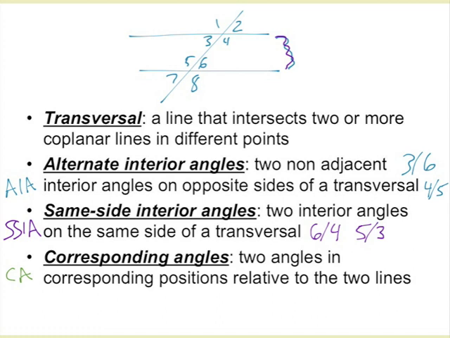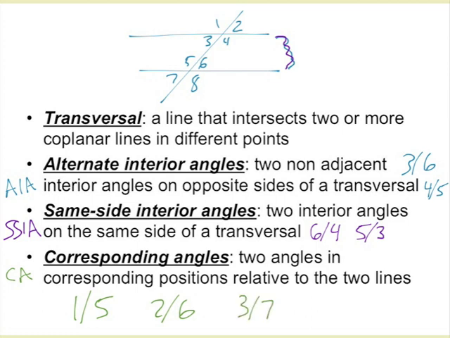The way I think of corresponding angles is that they should be in the same corner position. So I want to look for two angles that are both upper left-hand corners. So that would be like 1 and 5. Or 2 and 6 would both be upper rights.